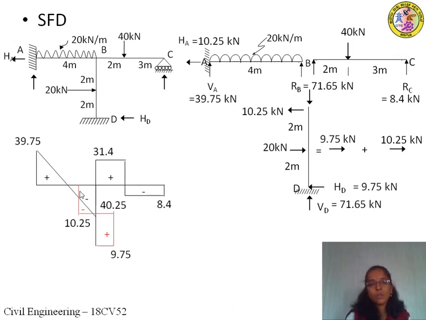Okay, so the vertical member shear force is drawn in red color so that we can differentiate it easily, and for the horizontal member it is drawn in black color. Okay, so this minus in black is for the beam member and this red minus is for the vertical member. Okay, this is the shear force diagram.